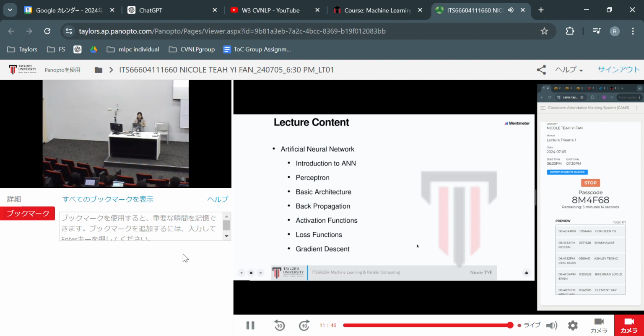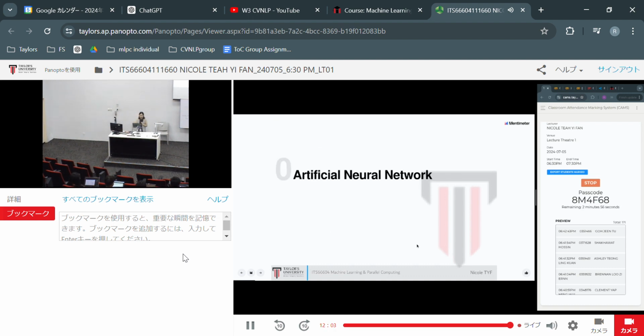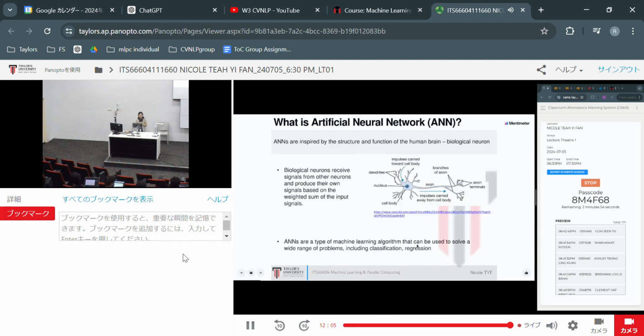Okay? So let's first start with introducing what is artificial neural network. So artificial neural network is a type of machine learning algorithm which is inspired by the structure and function of how the human brain works, the biological neuron. The biological neuron will usually have a receiver that receives signals from any stimuli. And then it will pass on this signal to the next neuron through the axon terminals.